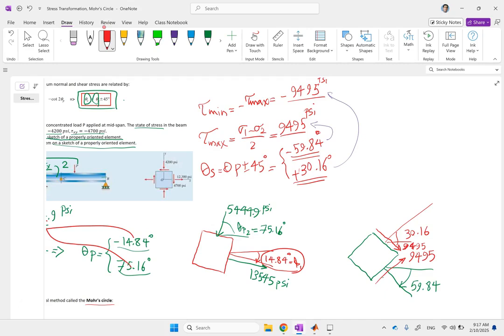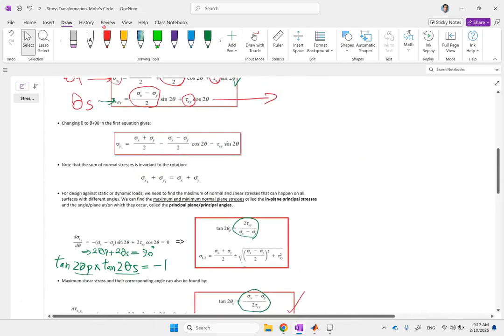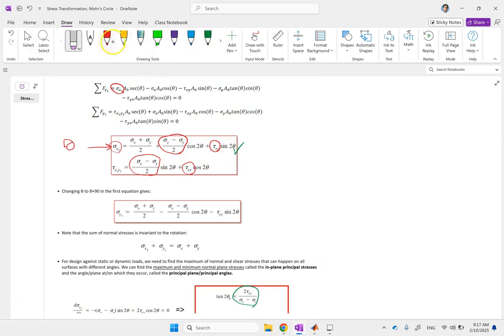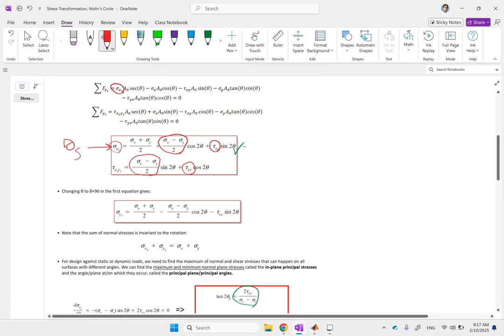Now, on these planes for theta S1 and theta S2, where you have these shears, what are the normal stresses? Is there any normal stress on these planes? Remember, on theta P planes, the shear was 0. How about here? So if I go ahead and plug in theta S into this top one, what do I get? You'll see that you'll get the average.